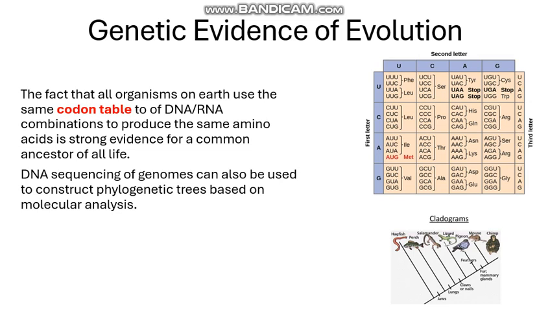Some of the genetic evidence for evolution. The fact that all organisms on Earth use the exact same codon table of DNA or RNA combinations to produce the exact same amino acids, well, that's strong evidence for a common ancestor of all life because it's completely arbitrary.